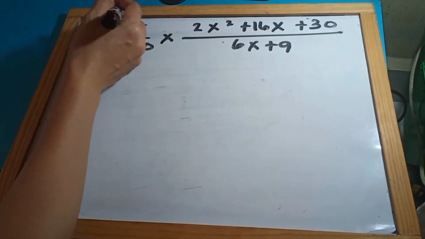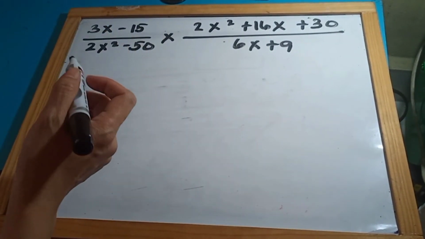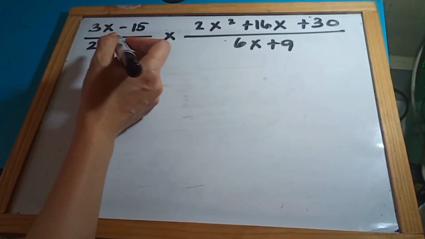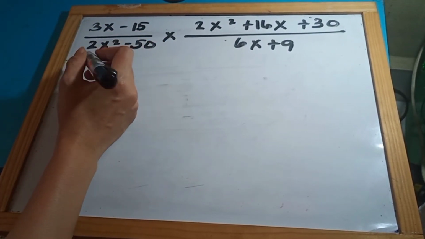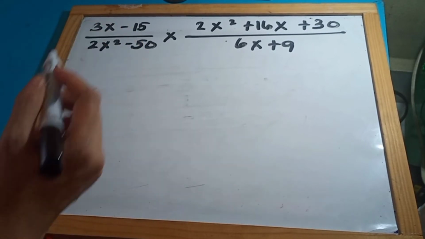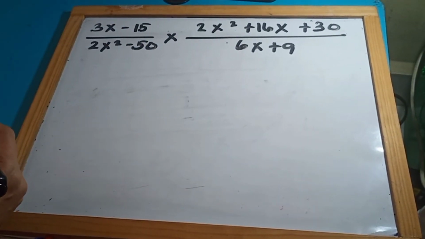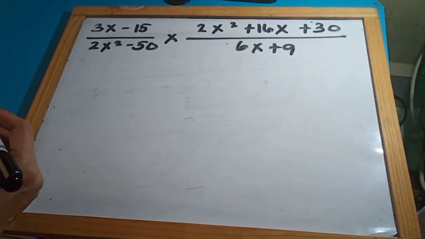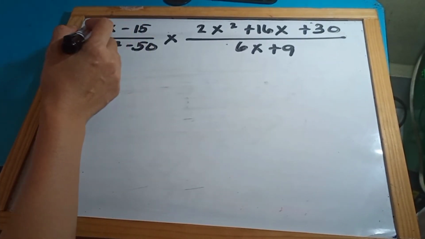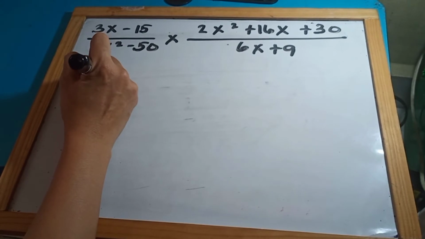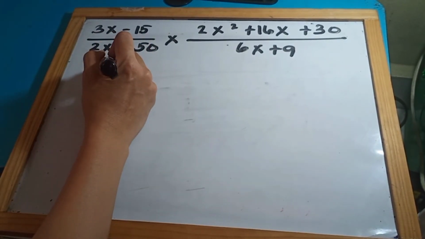So, let's have the first given term, 3x minus 15. So, ano yung factor ni 3x minus 15? Applying our common monomial factor. Ano yung common factor? Common sa kanila. That is 3. So, lalabas natin si 3.